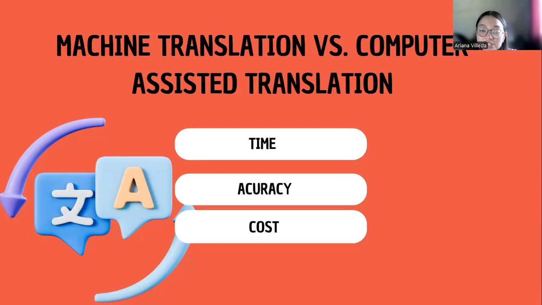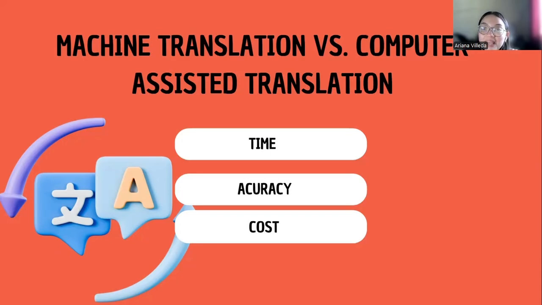Accuracy: machine translation is not 100% accurate because it may not fully understand the context in complex and dynamic languages, but CAT tools rely on professional translators whose training helps ensure higher accuracy for the context of the translation.